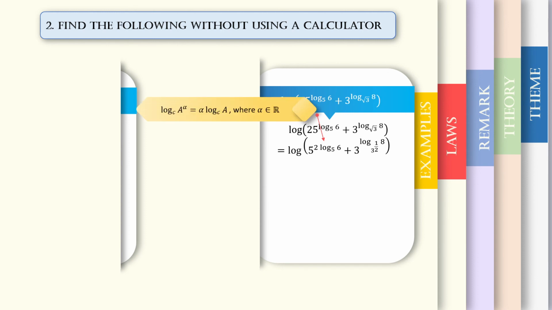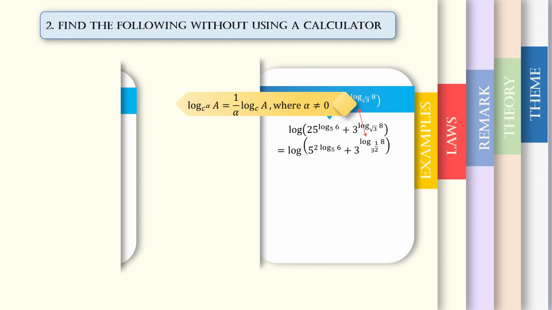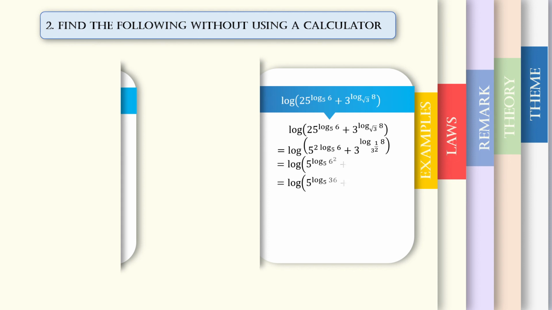Next, by using this property, and using this property for the second logarithm, the exercise will be written in the form log of 5 to power logarithm base 5 of 6 to power 2 plus 3 to power 2 logarithm base 3 of 8, or in the form logarithm of 5 to power logarithm base 5 of 36 plus, so 2 we brought as the exponent to 8, and we have 3 to power logarithm base 3 of 8 raised to power 2.